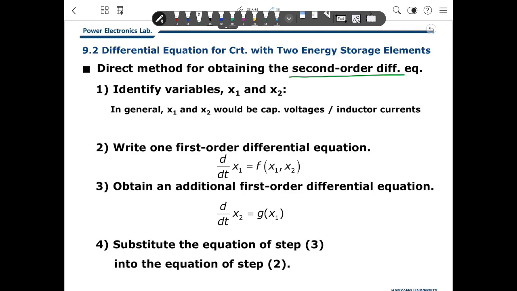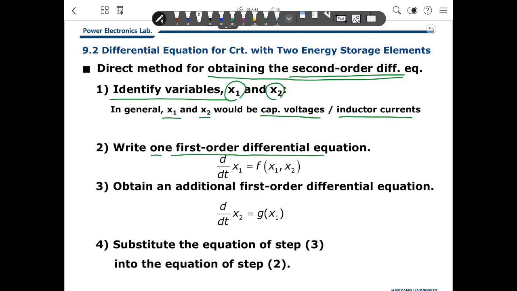The first thing is to obtain the second order differential equation. At first, we should identify the variables x1 and x2. Generally, x1 and x2 would be a capacitor voltage or an inductor current. Write one first order differential equation based on one of the variables, and it could be a function of x1 and x2.